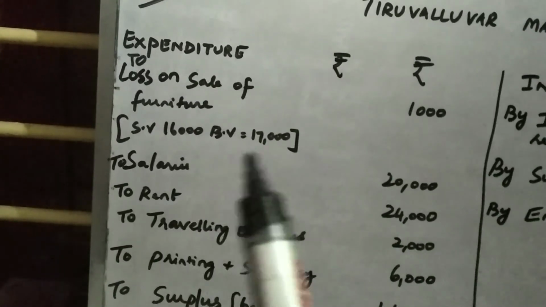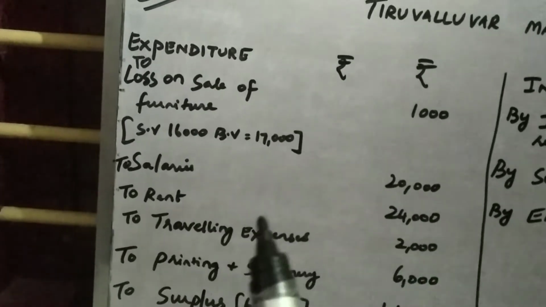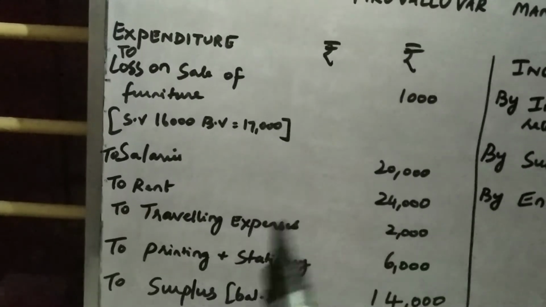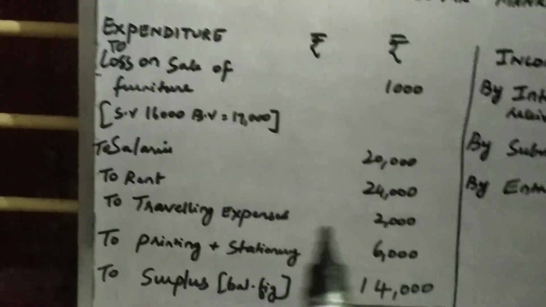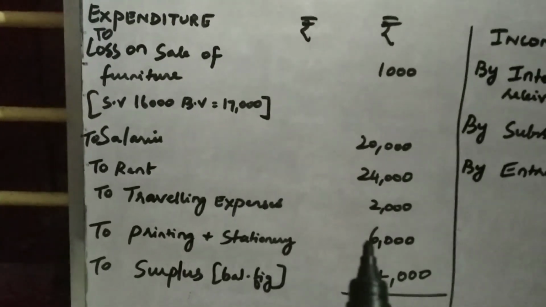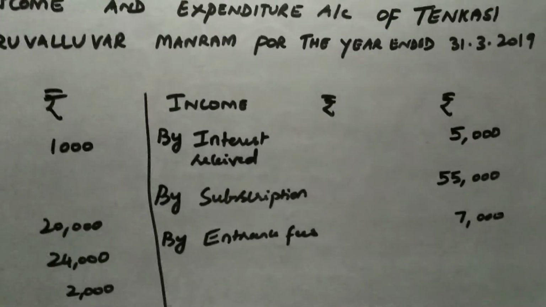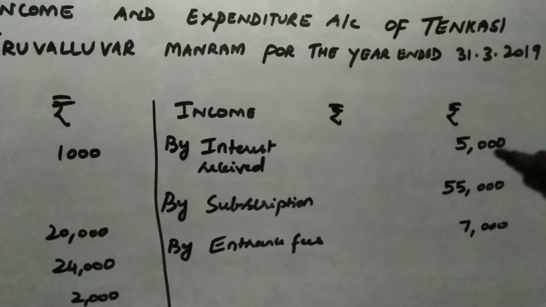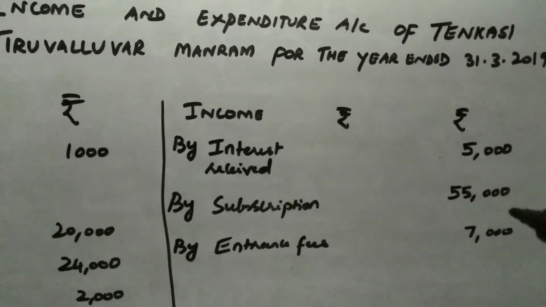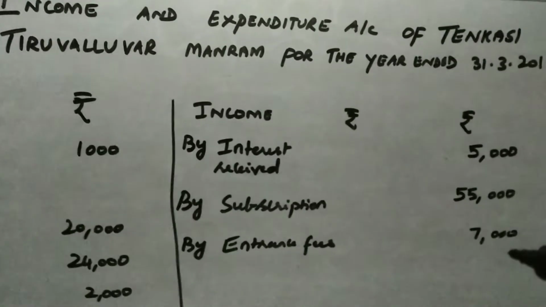Then to salaries 20,000, to rent 24,000, to traveling expenses 2,000, to printing and stationery 6,000. Coming back to the income side, we have interest received 5,000, subscription 55,000, entrance fees 7,000.